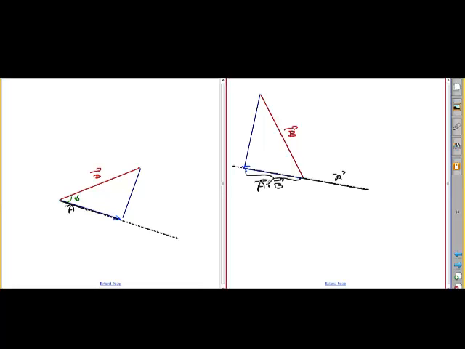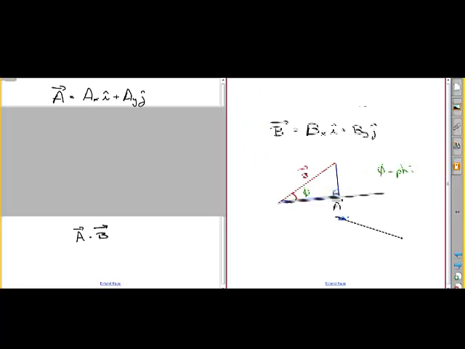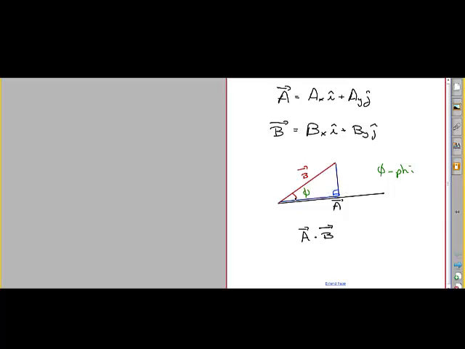It's not a vector. So this vector A dotted with vector B is a distance. It's a scalar. So let's go back to the original one. So A dot B is not a vector here from here to here. It's just the length from here to here. Let's write that down.